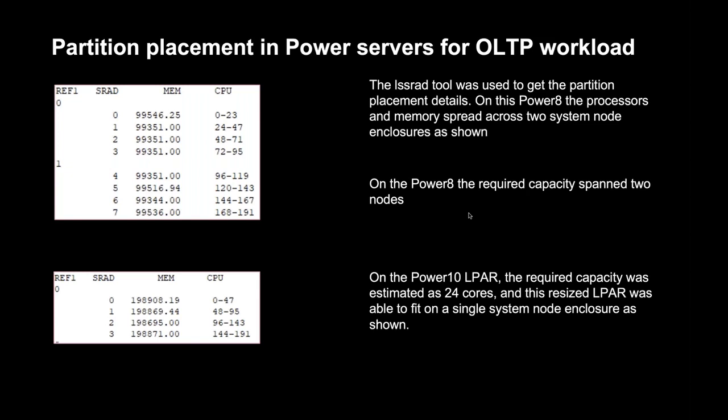This is a command that allows you to understand what cores are being used for a particular logical partition. 48 cores on the Power 8 required capacity that spanned 2 nodes of the system. And that's because each chip on a Power 8 has fewer cores, and also because of the number of cores that were required. When we went to the Power 10, we were able to contain all 24 cores on a single node.